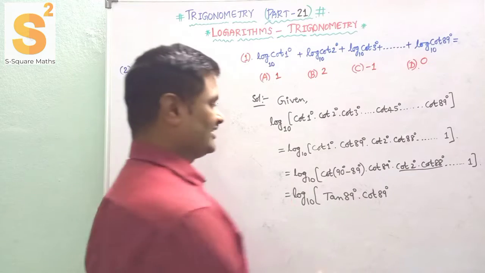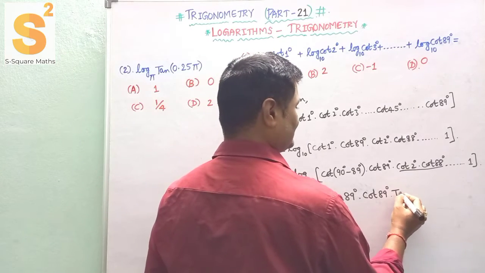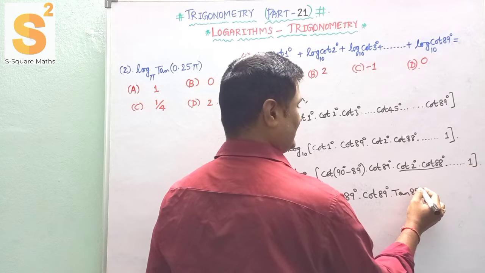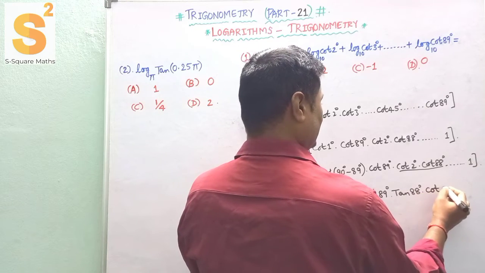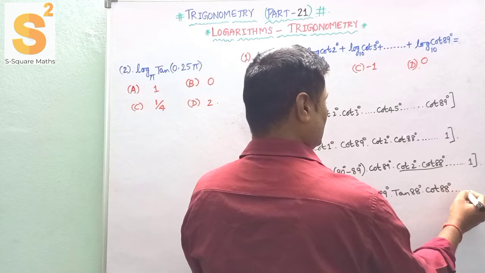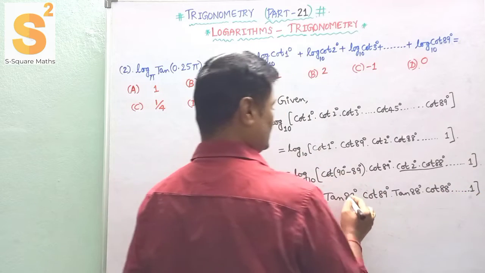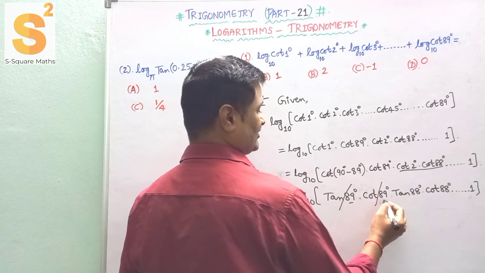In the same way I can write here by applying this method tan 88 degrees into cot 88 degrees, so on 1. So tan and cot are reciprocal to each other with respect to the same angle.